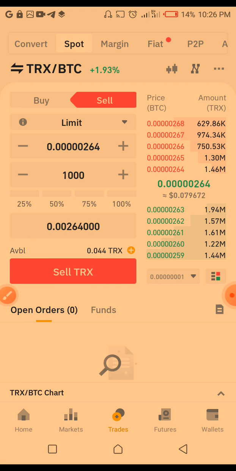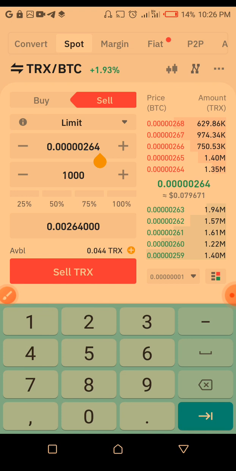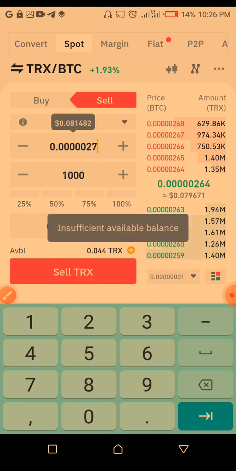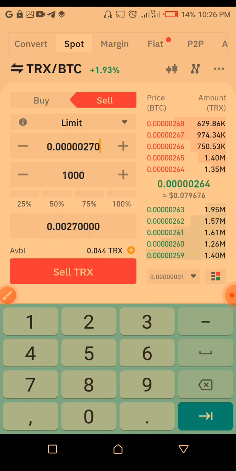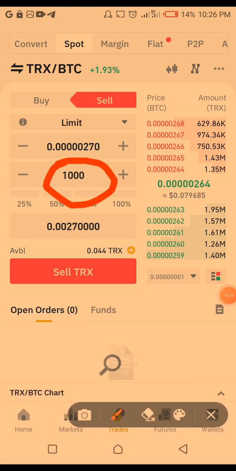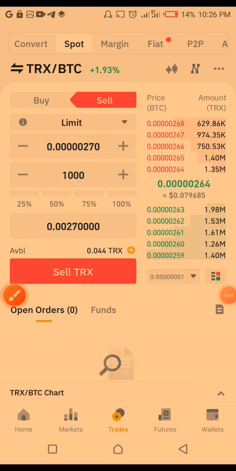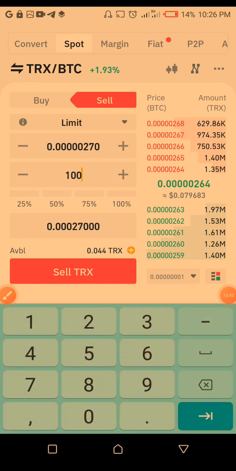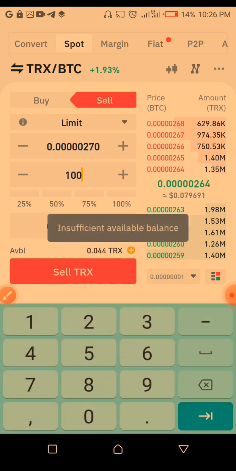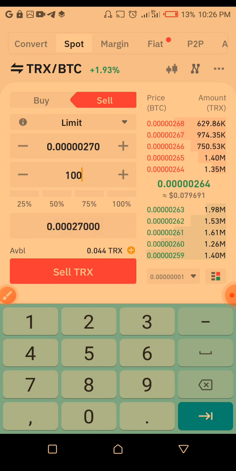You can do it that way by changing the price here. Once you open this trade, it is going to be pending, but you must have TRS up to this 1000, or you can change the amount if you don't have that much, say 100 or any amount. So you can sell any amount. That is how it works.